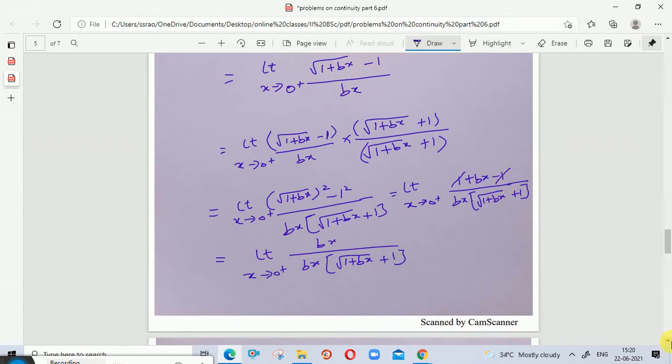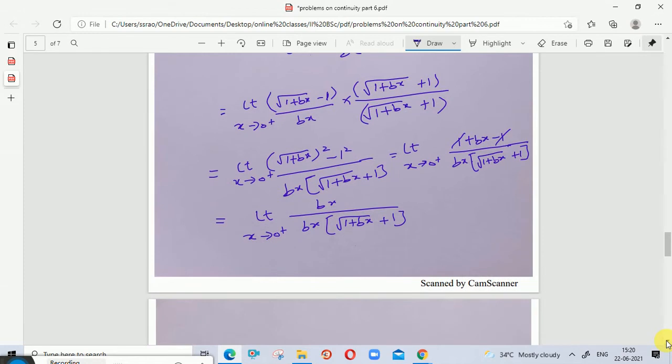Okay, here we can cancel bx. Here b gets cancelled, which means b is not equal to 0. Only when b is not equal to 0 can we cancel the b in the numerator and denominator.